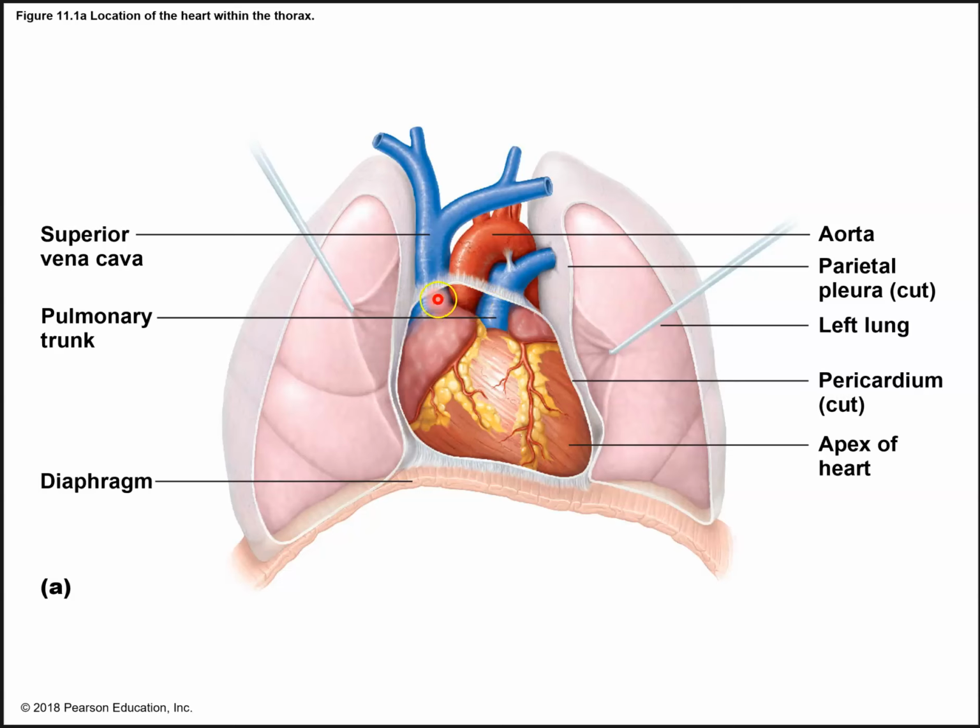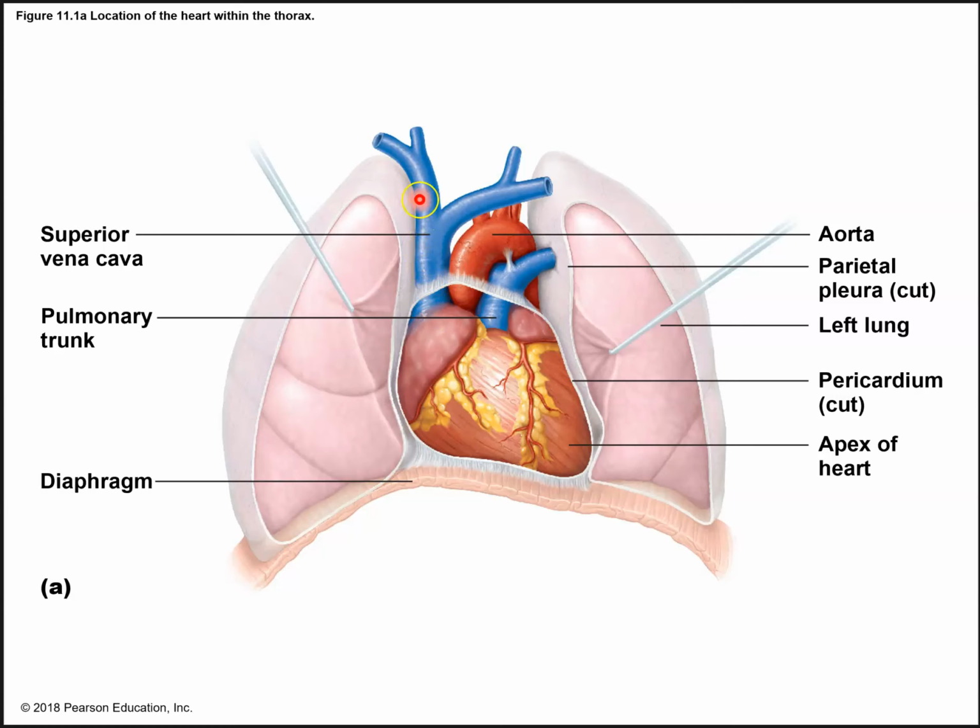So this picture shows a closer view of the heart in the mediastinum. Now the heart is about the size of a fist, and on the base of the heart you see the great vessels, that is the vena cava and the aorta, that are connected.